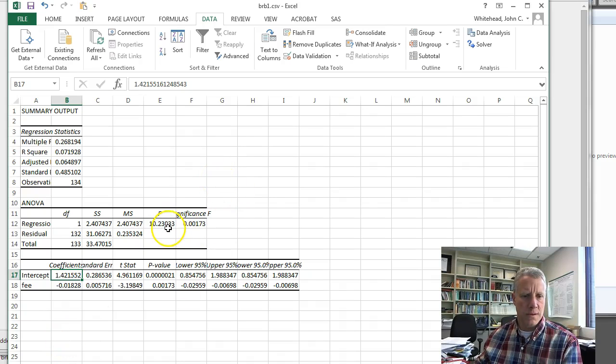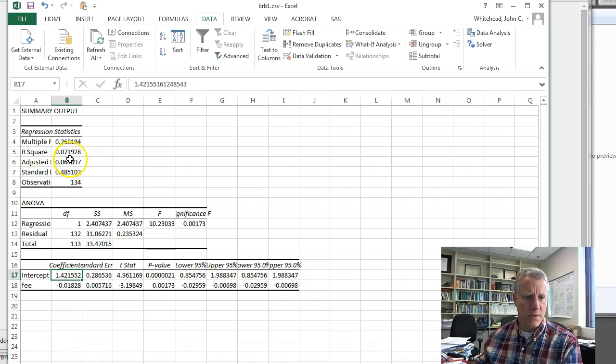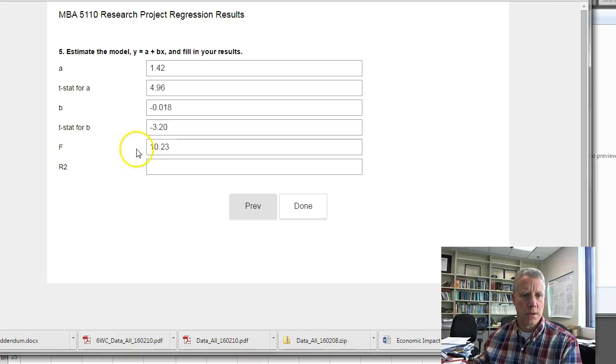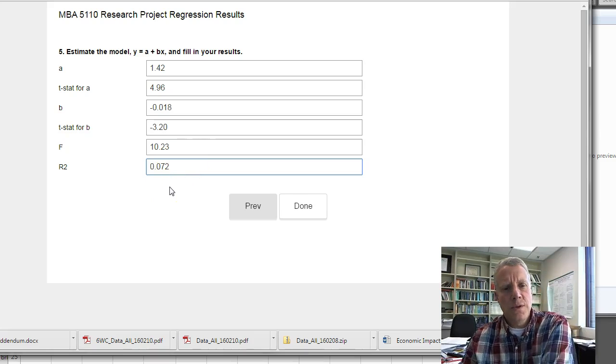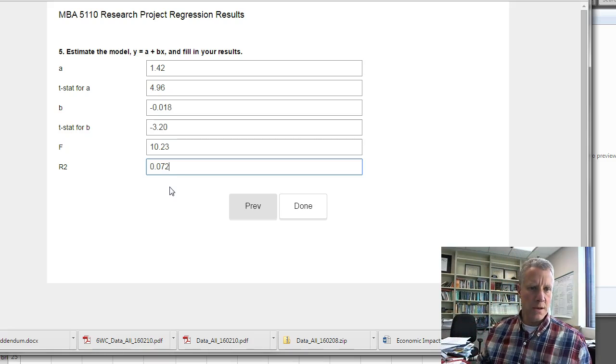So the F statistic is 10.23. And the R squared statistic is 0.072. And again, give me 2 significant digits to the right of the decimal there, 2 non-zero digits. So that is all the professor wants.